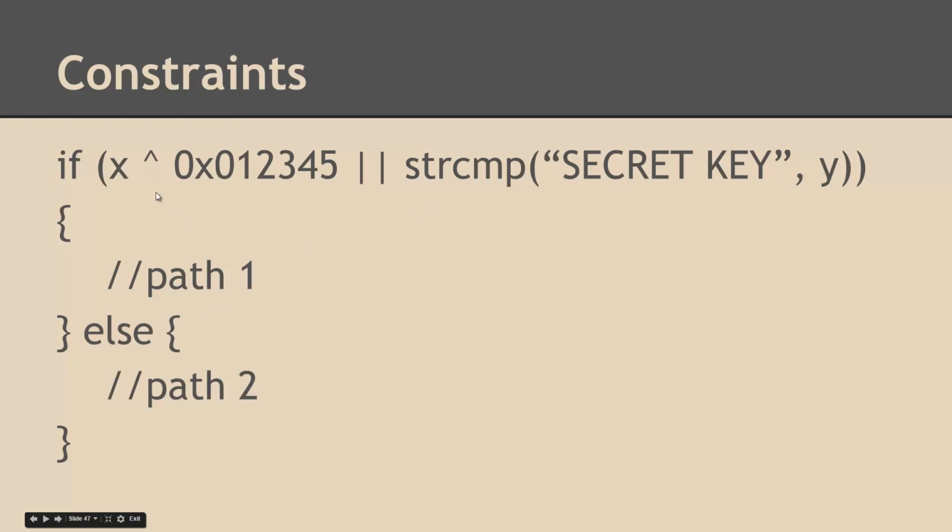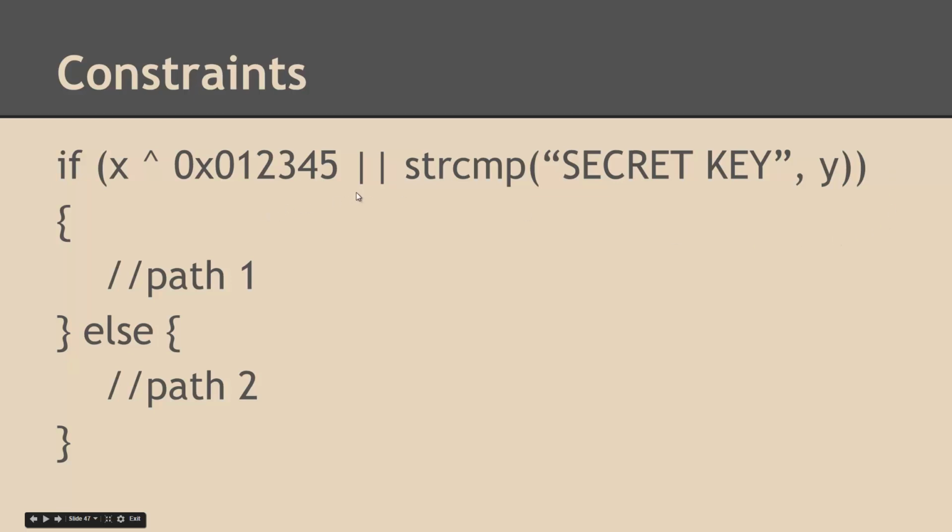So here's another example. Testing terminology would denote this as two different paths that this branch, or this statement, could take, and sometimes there may be multiple ways to satisfy any given constraint.